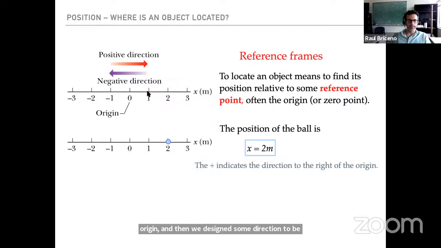And then depending on where we locate the object, we can say exactly where the object is located.